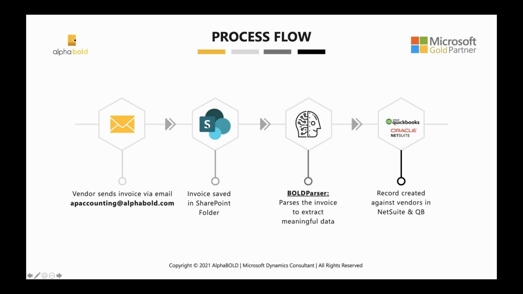It's all gone. We are maintaining all those in SharePoint. And once the file is backed up, it goes through the parser. The parser helps extract the meaningful information out from the PDF file. And lastly, we integrate with these 2 systems, Intuit QuickBooks Online and Oracle NetSuite, and we create corresponding invoices in those systems on the fly.